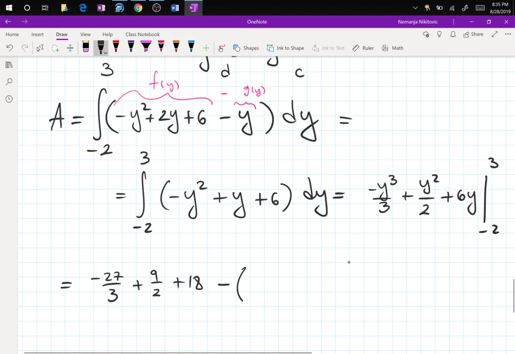Negative 2 cubed is negative 8, and a negative is becoming positive 8 over 3. And then I have negative will be squared, so I have 4 divided by 2 is 2, so plus 2, and then minus 12.